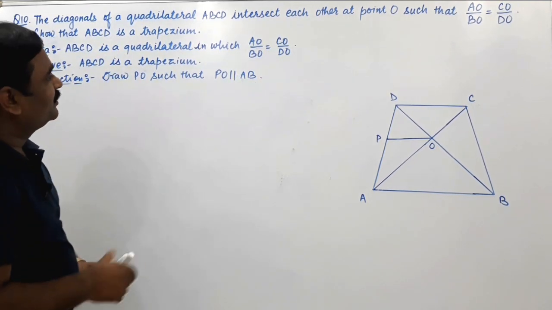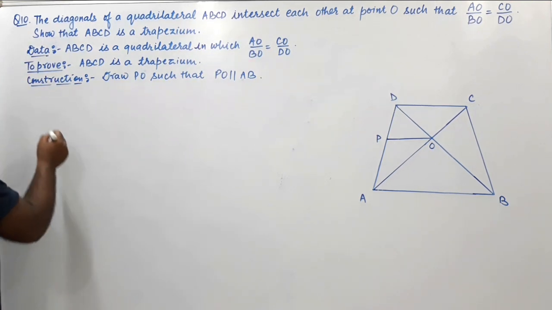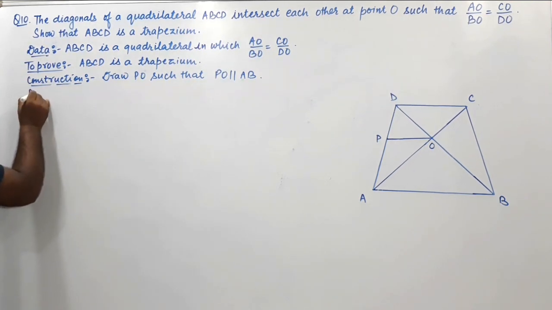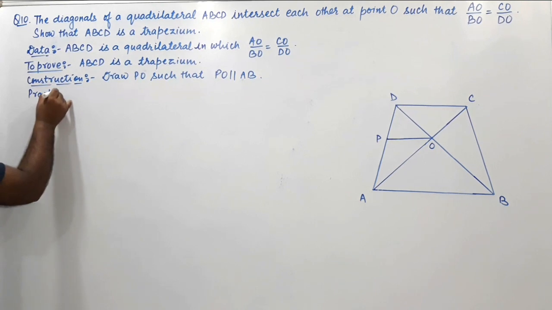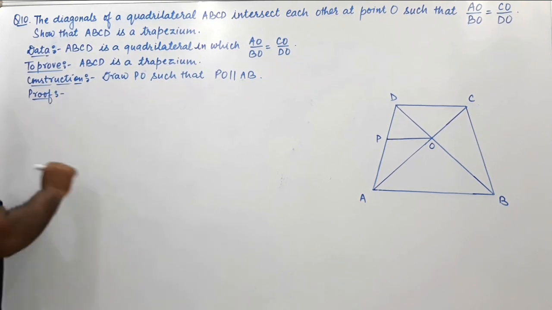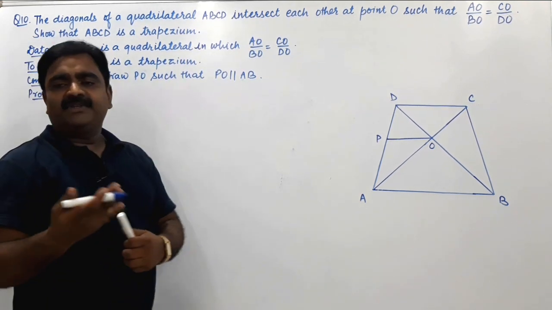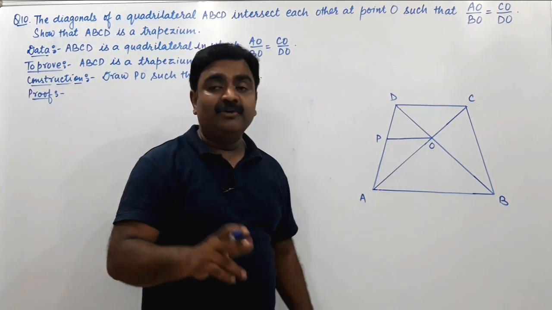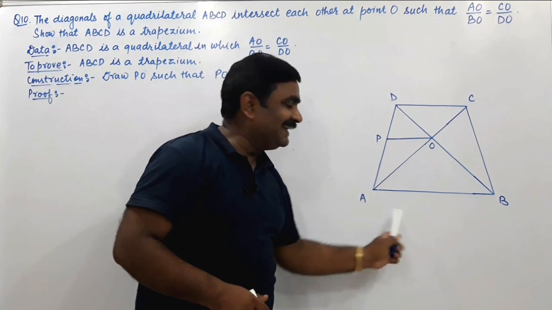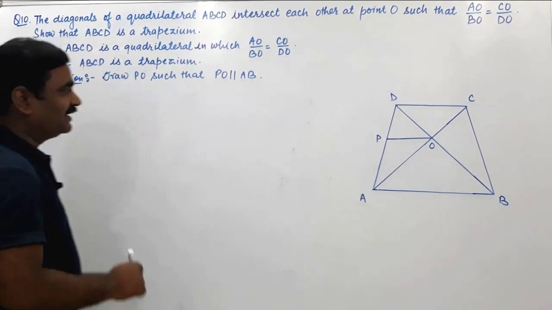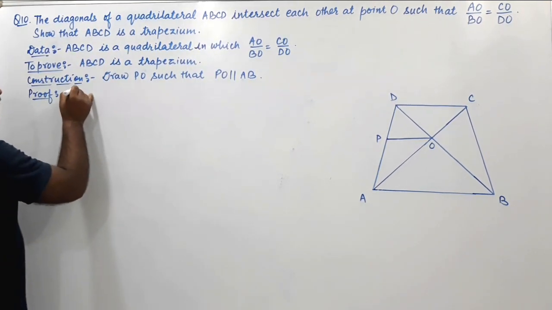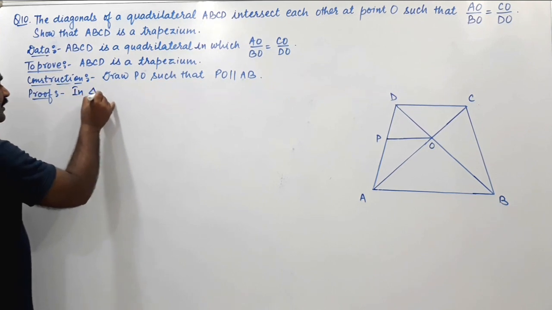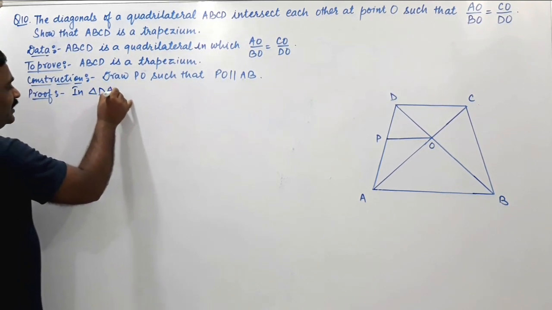ठीक है, चलो अभी प्रूफ स्टार्ट करते हैं। So to prove this, so we have to start with this construction. अपने कंस्ट्रक्शन से ही स्टार्ट करते हैं। This PO and AB belongs to the triangle DAB. तो पहले हम यही ट्रायंगल स्टार्ट करते हैं, इन ट्रायंगल DAB.